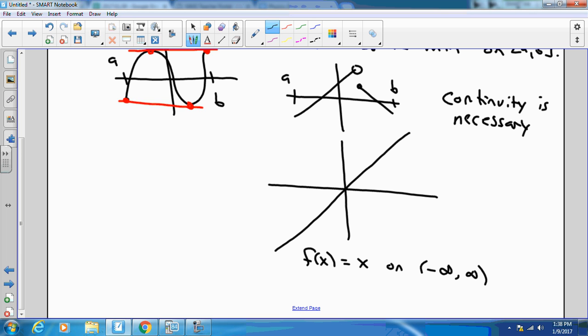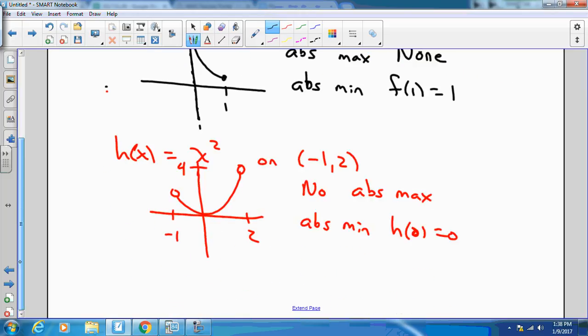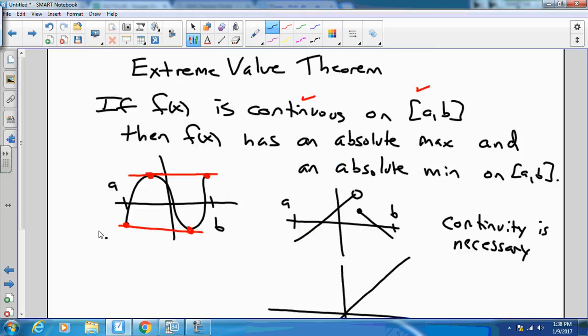And that's because my interval is not bounded. And we saw earlier that our h of x was continuous on a bounded but open interval, and it didn't have an absolute max either. So continuity on a closed bounded interval is necessary in order to guarantee the max and min. Without it, I might accidentally have a max or min, but there's no guarantee.